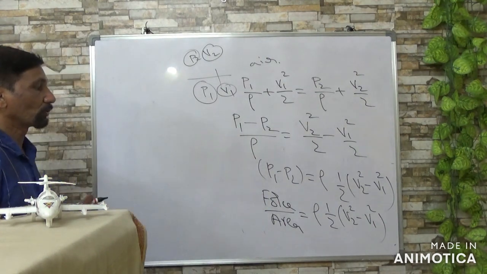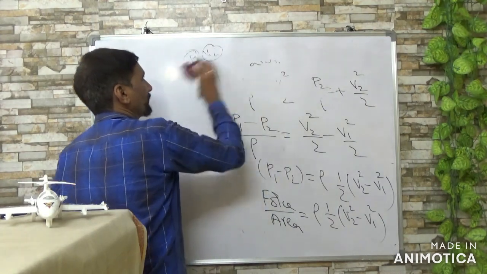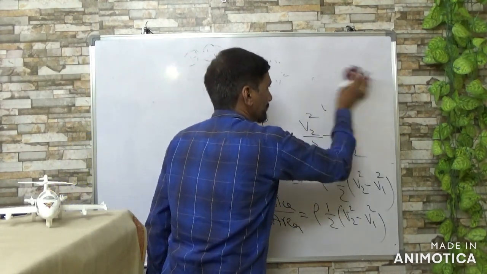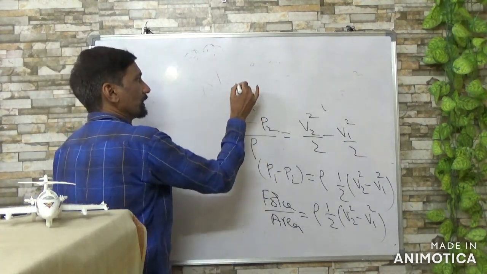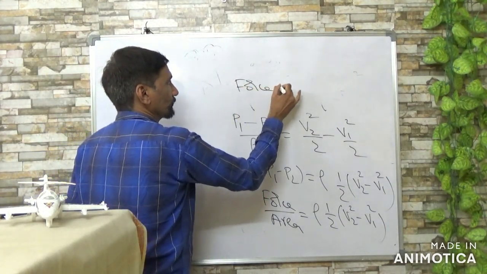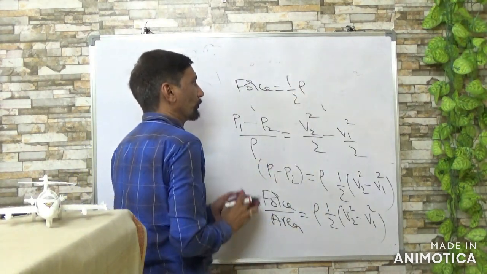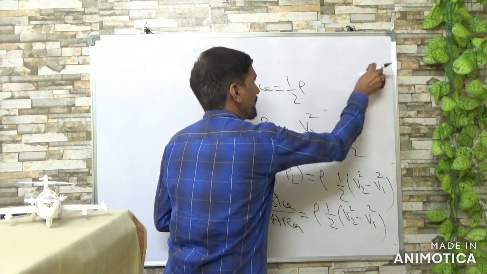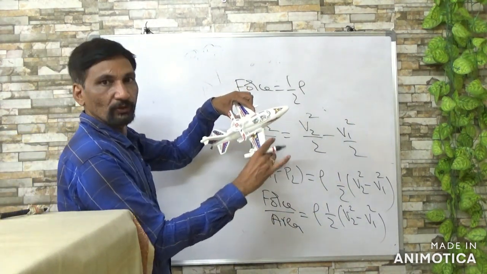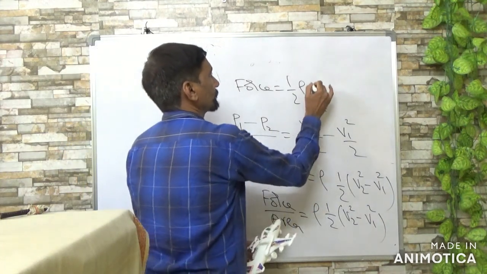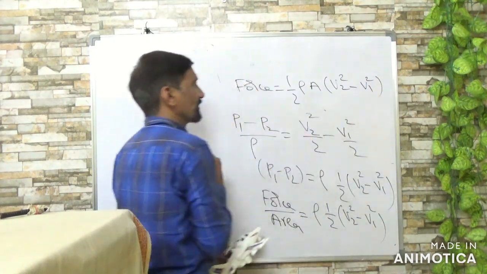The force required to lift up an aeroplane, force or thrust, is equal to half into rho into A, where A is nothing but the area of the wing, into V2 square minus V1 square.